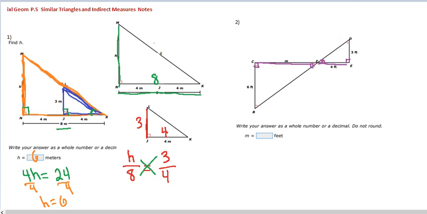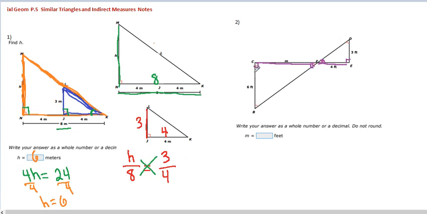These are the other two sides that have measurements. If you're going to set up a proportion where one ratio equals another, you need another ratio that has two measurements.